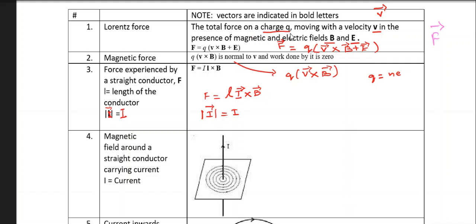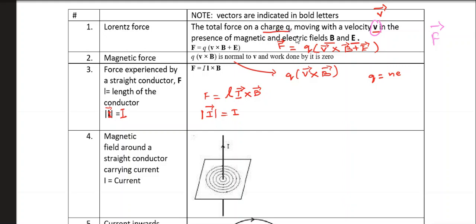As we already discussed, the charge is going to move from one place to another. So the total force on such charge Q moving, if any body is moving, it should have certain velocity, is it not? So this can be represented as V vector. So what is the velocity of electron here? It is V vector. Q is the charge, and you know the unit of charge is coulomb.